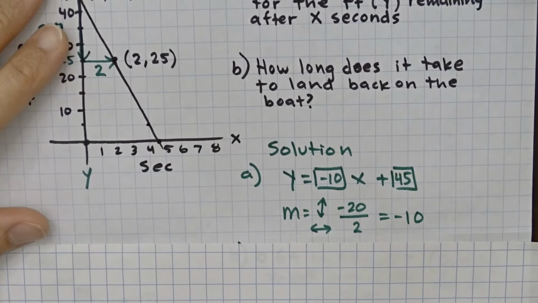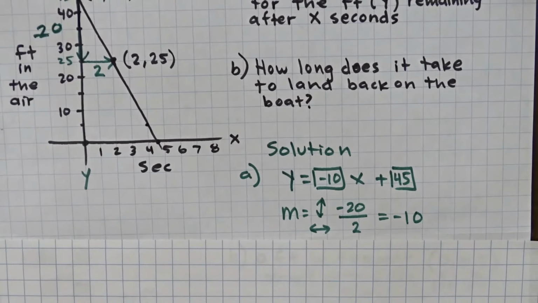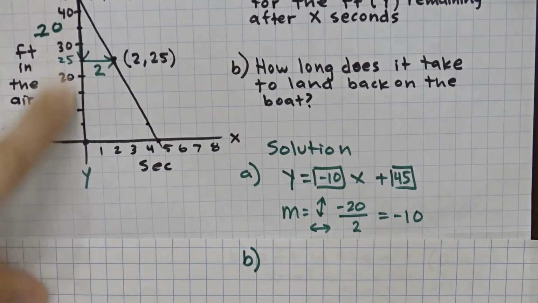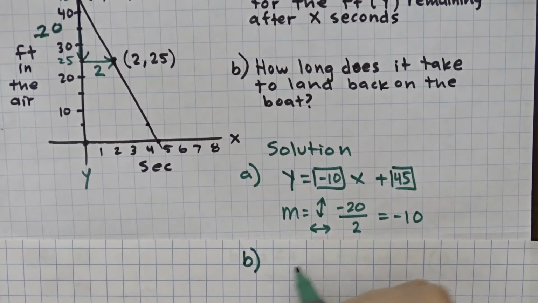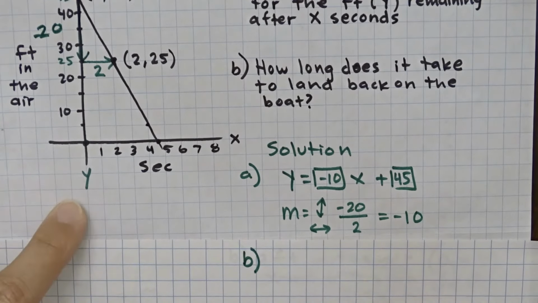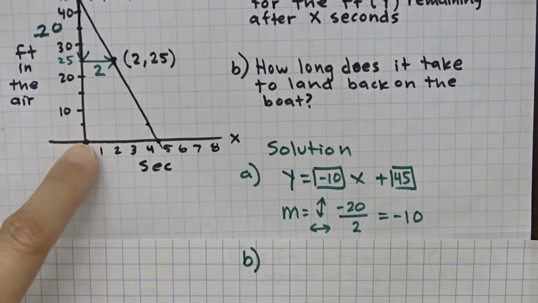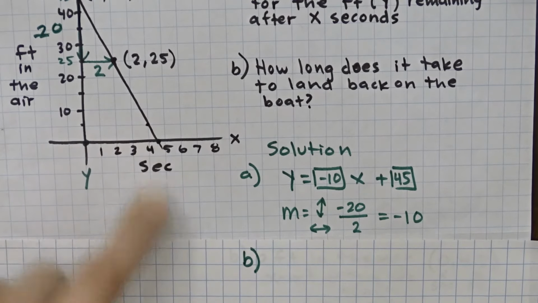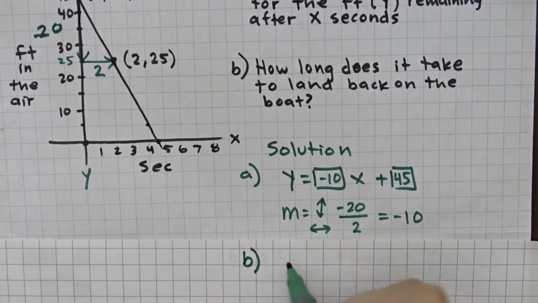Okay, so for B now, it's asking how long does it take to land back on the boat? Well, if you're back on the boat, that means you are 0 feet in the air. So we would like to know when the y is 0, which would be here. And that happens when it's been 4.5 seconds.